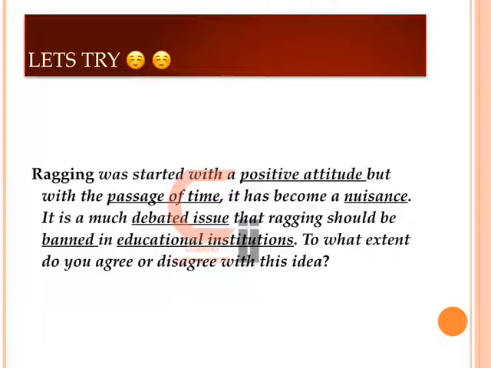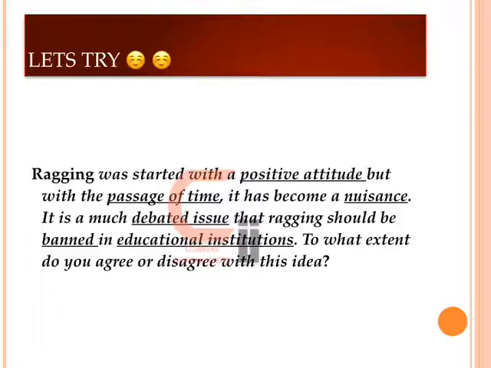To what extent do you agree or disagree with this idea? The very first step of the introduction is the general statement, and we can make it by 2 strategies: number 1 is fetching the keywords and defining them, and number 2 is compare and contrast with the present and past scenario.